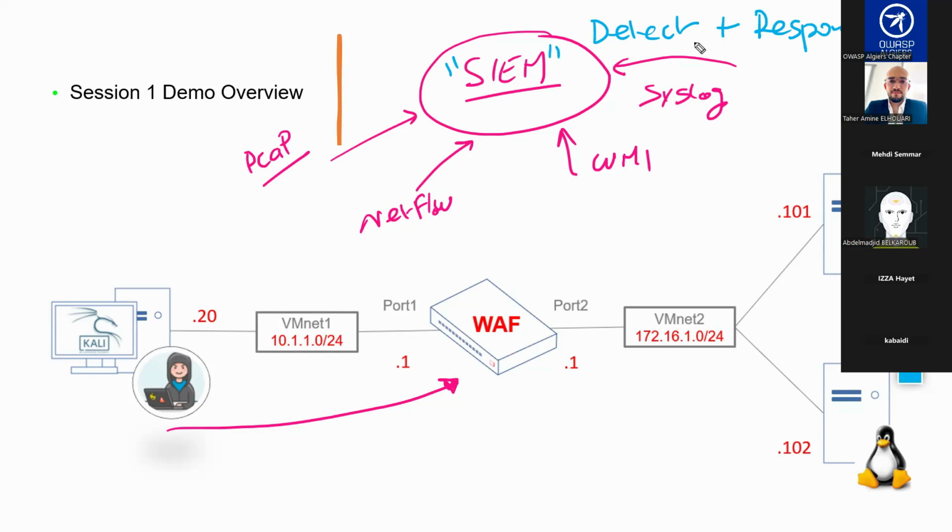Also, the WAF lacks some correlation capabilities. For people who worked in SOC environments with cyber operations, they know exactly what we mean by log correlation. They can take different log sources, syslog, WMI, bring everything together and give you a final analysis result. And this is not really present in most WAFs.